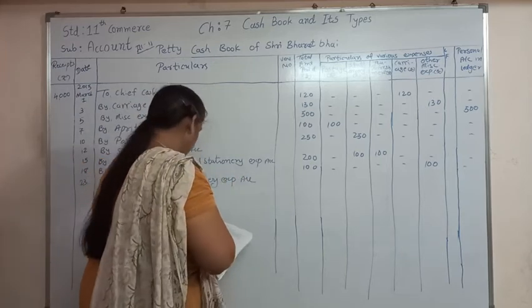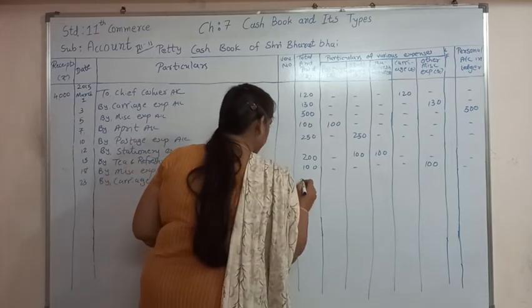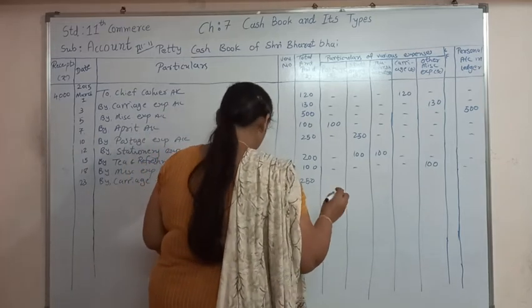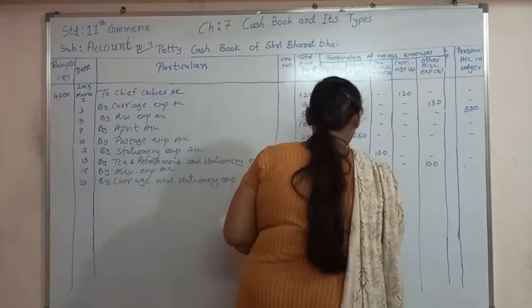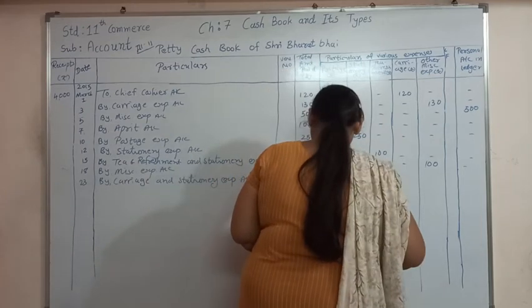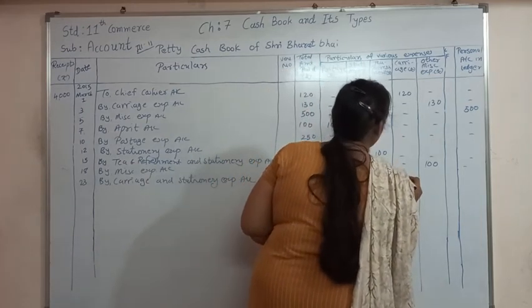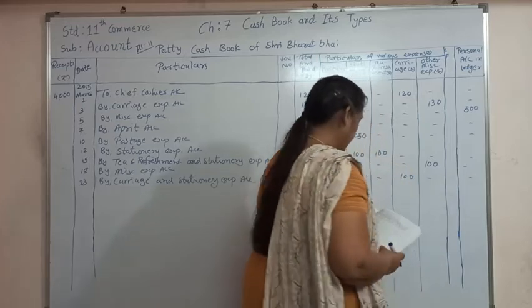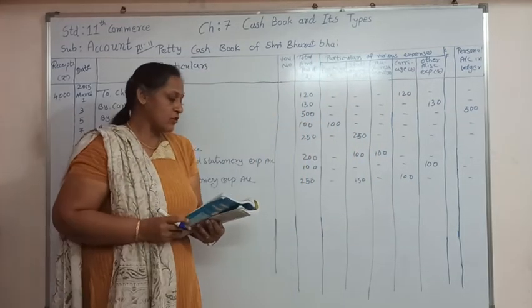So total will be 250, and from that 150 will be stationery and 100 will be carriage.